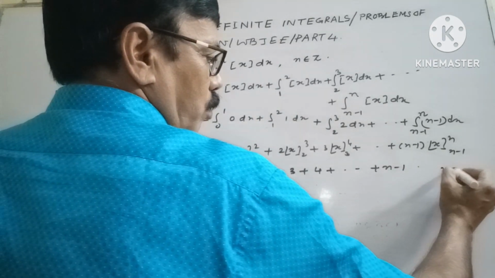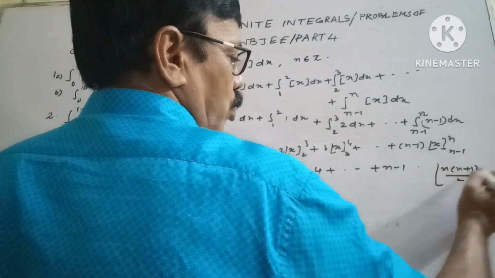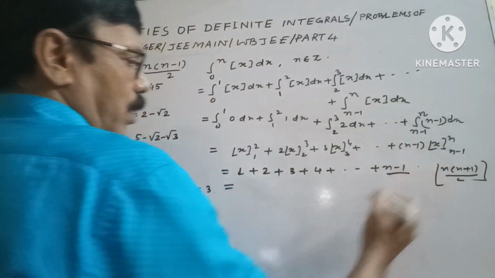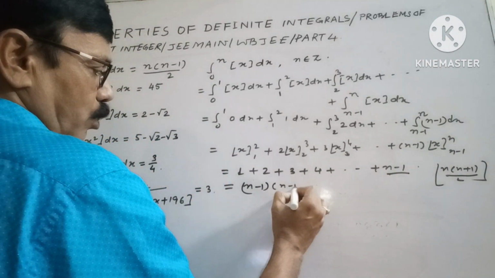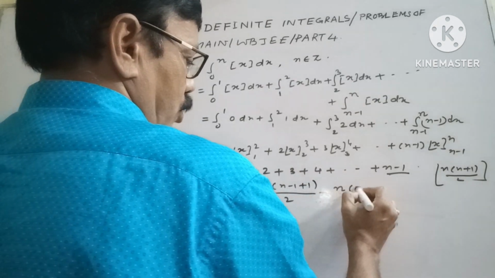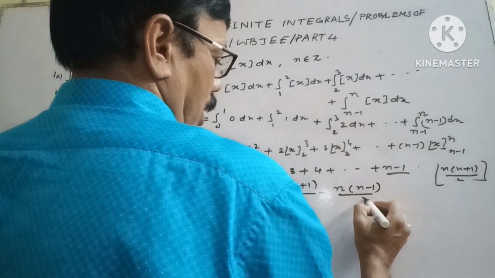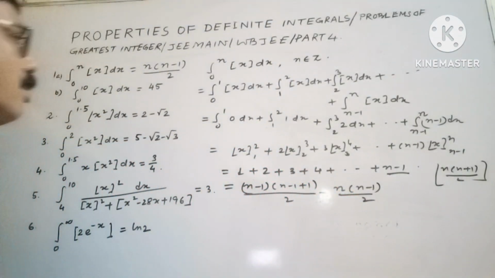Here the formula is n into n plus 1 by 2 if it is up to n, but here n is replaced by n minus 1. So, n minus 1 plus 1 by 2, so n into n minus 1 by 2. So, you have to recall this result.